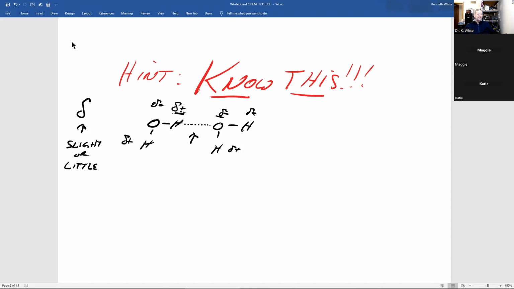And this, even though it's not a true chemical bond, is a very important force that's been given a special name. And that's a hydrogen bond. I'll teach you more about hydrogen bonds later on a slide when we get into solutions.